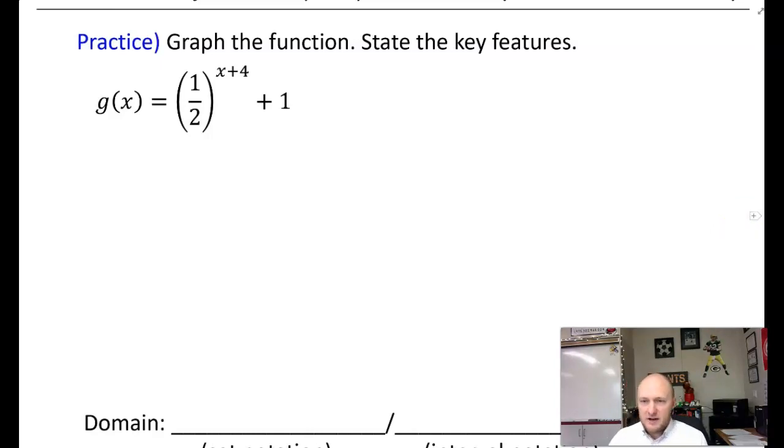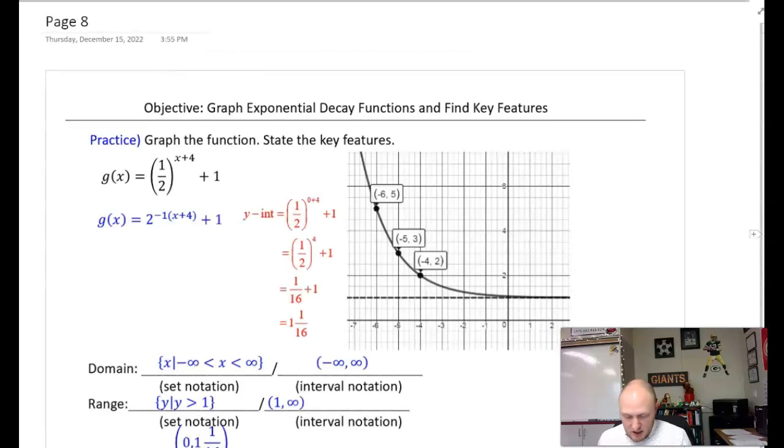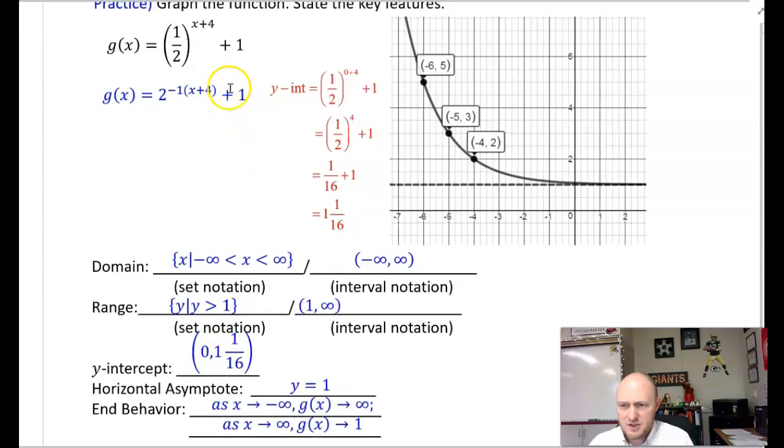All right, hopefully you went ahead and graphed this. The first thing that you need to do is rewrite this as base 2 with a negative c value. Okay, and that would look like this. So hopefully you got that. The horizontal asymptote is a positive 1 because that's your k value, positive 1. Now we're shifted left 4 up 1.